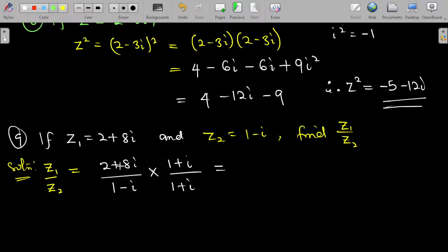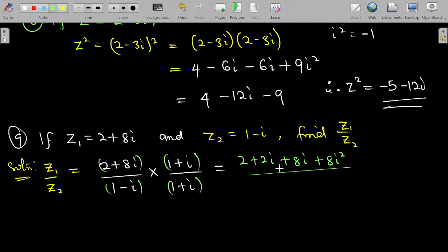Of course you know brackets will come in here. So 2 times 1 is going to be 2. 2 times i will be 2i. Then 8i times 1 is going to give us 8i. And 8i times i will be 8i squared.